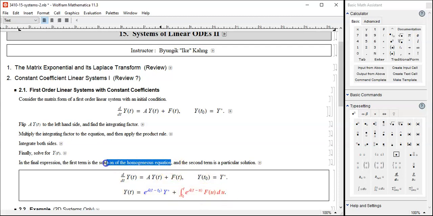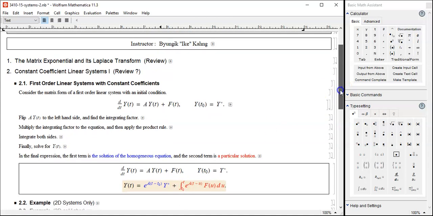So the blue part is the solution of the homogeneous equation, and the second is a particular solution. And we checked whether this is actually the solution of a homogeneous equation. We did it earlier, partly as a review and partly as a digression. As a matter of fact, partly it was done for preview, because we are going to just use it here.